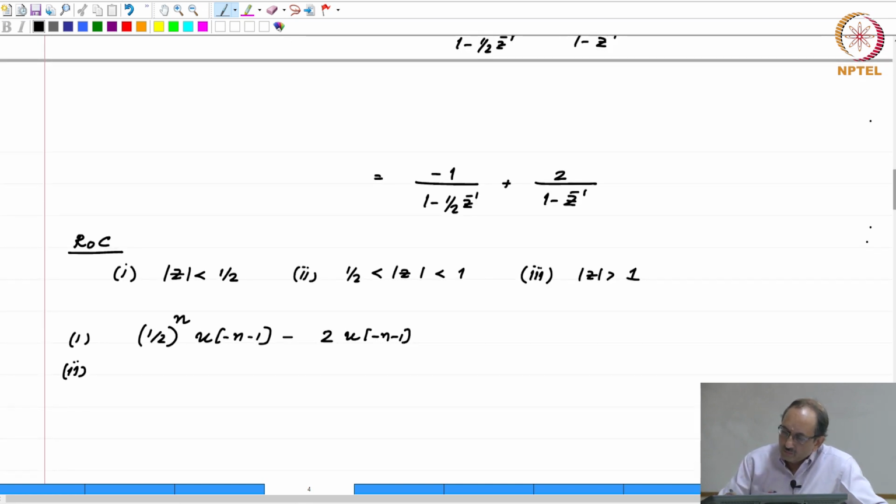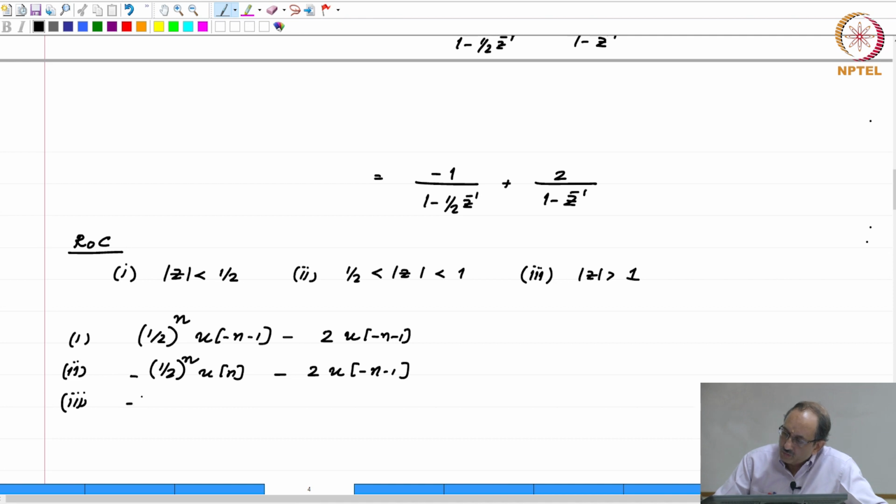And if it were between half and 1, this term must correspond to a right sided sequence. Therefore, this should be minus half to the n u of n, and this stays as it is. Final of course is both of them are right sided.